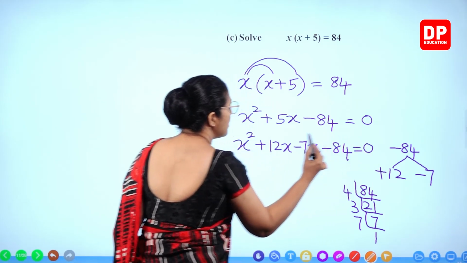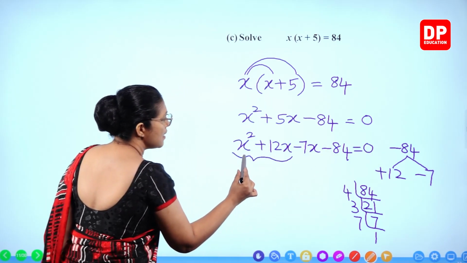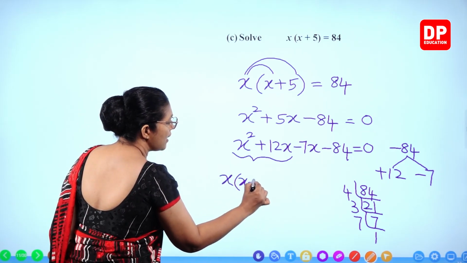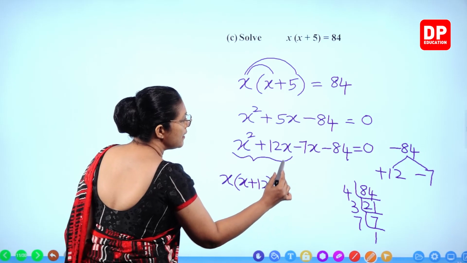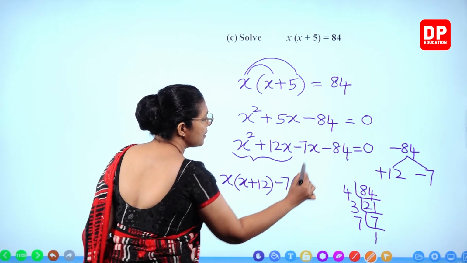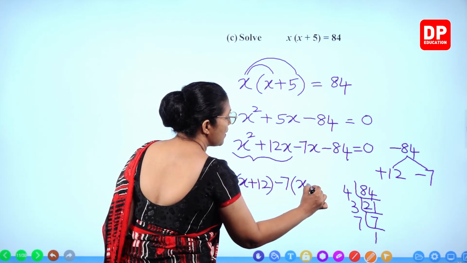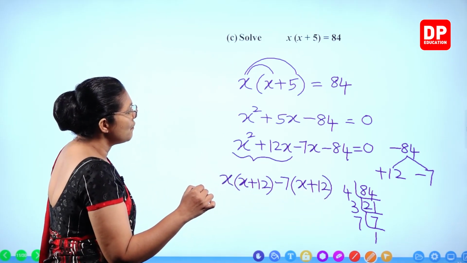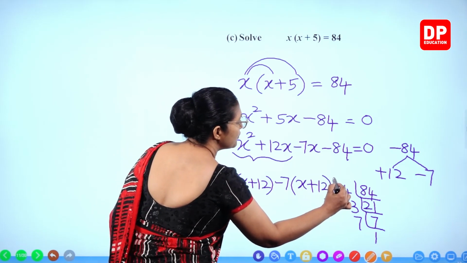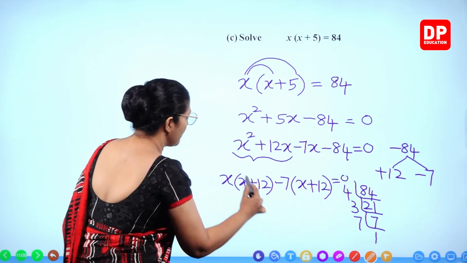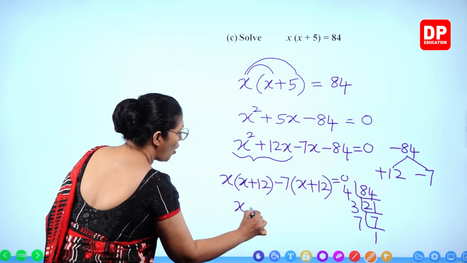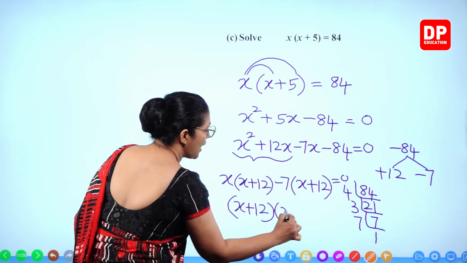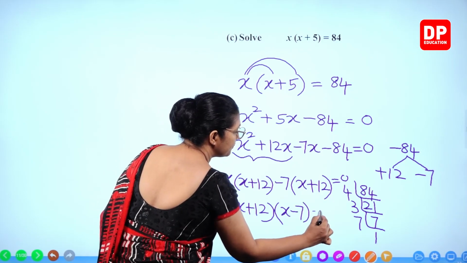And then take two terms at once. Here you can factorize. You can take x out, you get x plus 12. Then when you take minus 7 out, you get x plus 12, 12 times 7, 84. That's equal to 0. Then x plus 12 is common, take it out. And what is remaining? x minus 7.